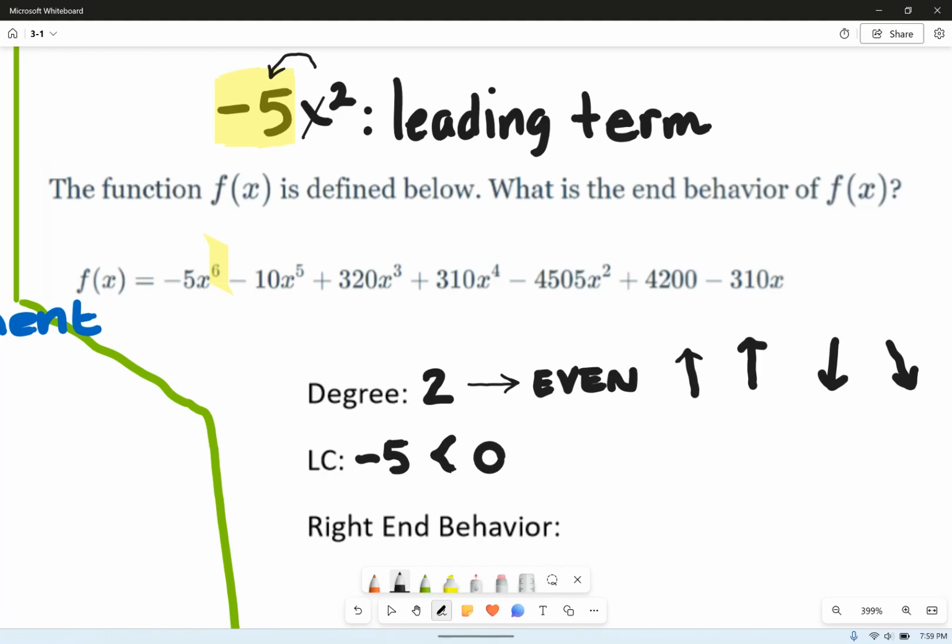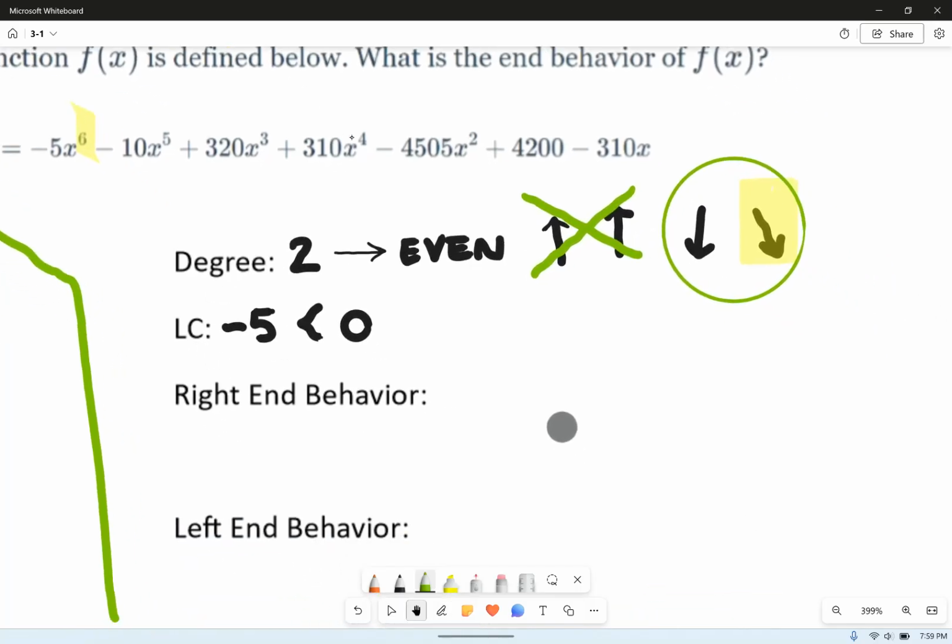So what does that tell us about our right-handed arrow? That when it's negative, the right arrow has to point downward. So now we know that this cannot be an option, and we focus on this. So here's what I want you to realize.